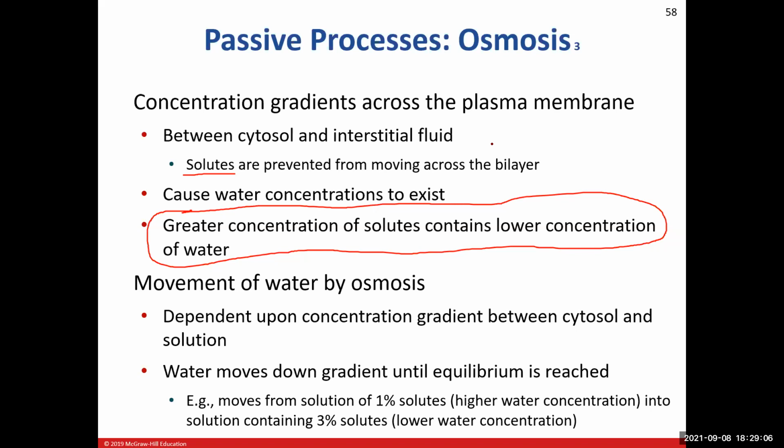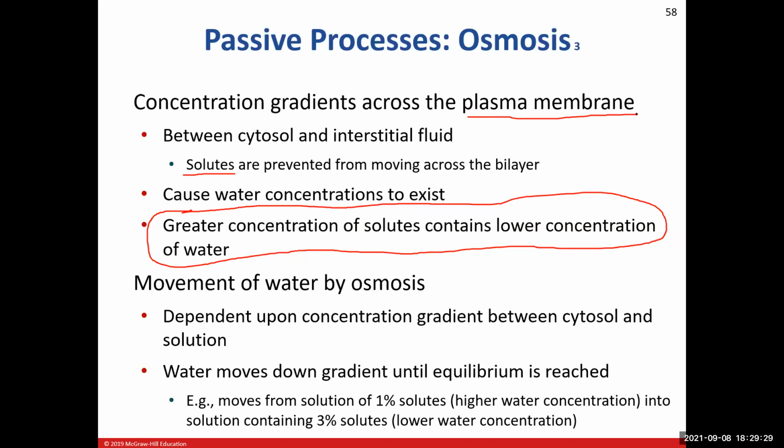Osmosis is the movement of water from an area of high water concentration to an area of low water concentration across a semi-permeable membrane. What is that semi-permeable membrane for our cells? The plasma membrane. So we're basically describing the movement of water across the plasma membrane.